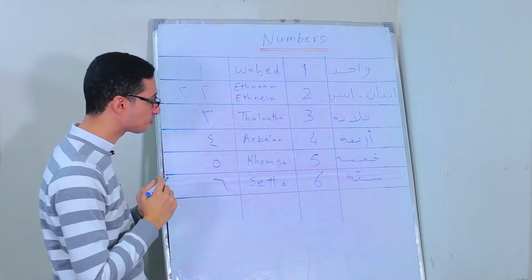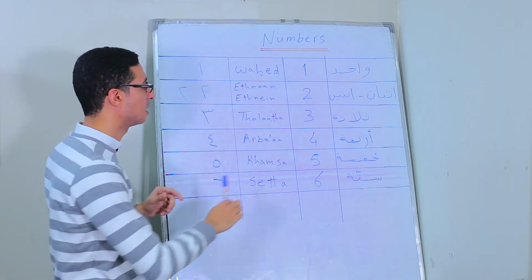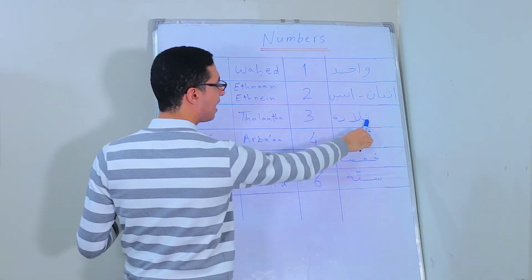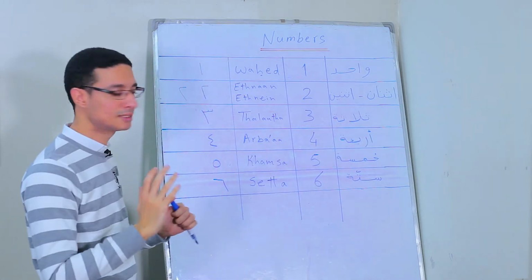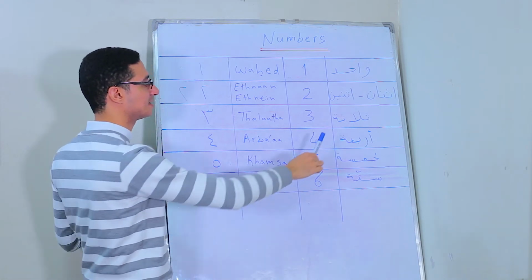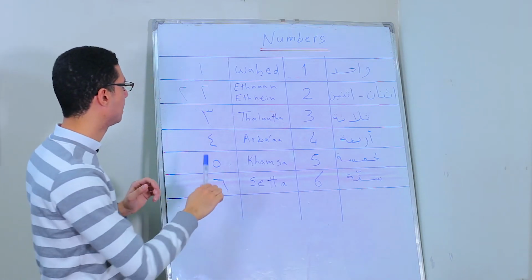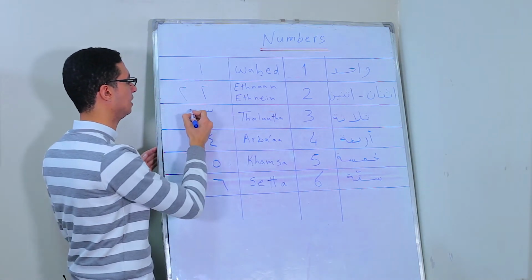Arab countries. Okay, the next one is ثلاثة, ثلاثة. Here the tha, I know the letter is a little bit tricky, but okay, it's ثلاثة. And this is how it's written in Arabic.